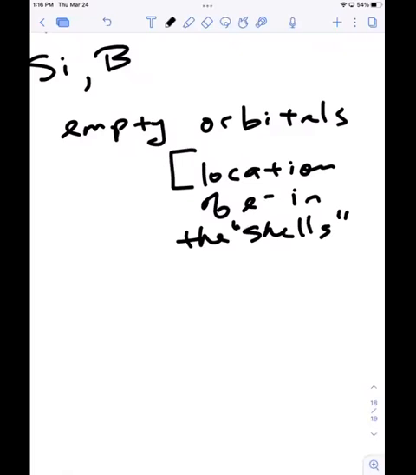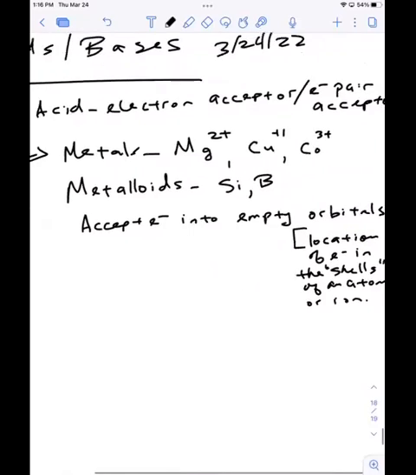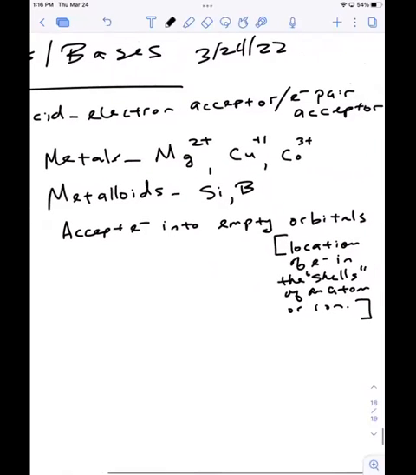If you took high school chemistry, you know about shells and electron configuration and all that, but we just haven't gotten to that yet. So an atom or ion has electron shells, and orbitals in those shells. If an orbital is empty, it can take a pair of electrons. So Lewis acids have some empty orbitals somewhere where they can receive a pair of electrons from another atom or ion.